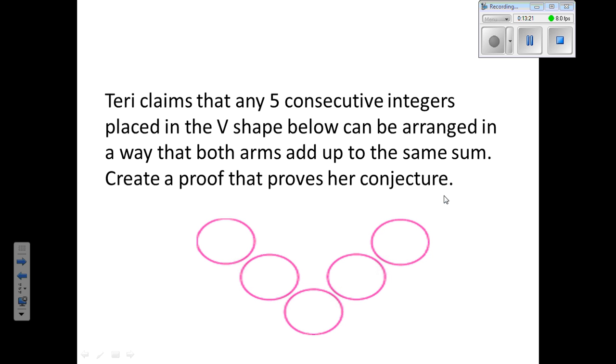So, let's try this one. Terry claims that any 5 consecutive integers placed in a V shape below can be arranged in a way that both arms add up to the same sum. Create a proof that proves her conjecture.